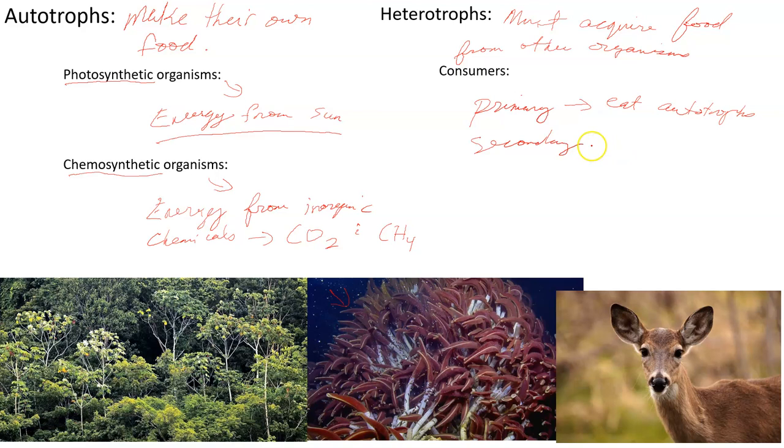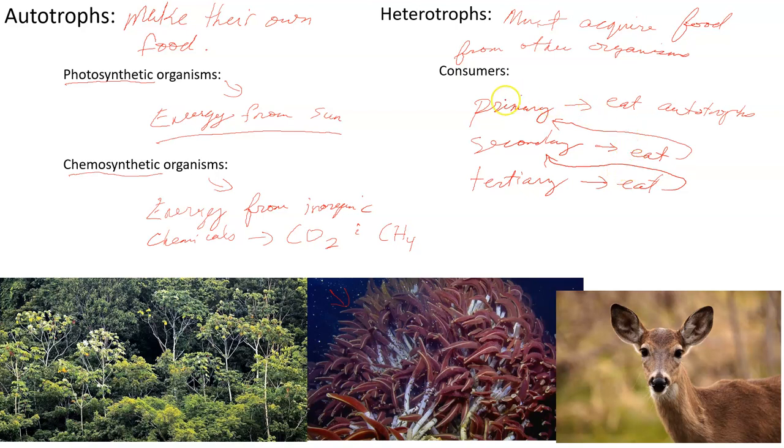Secondary consumers eat the primary consumers. And you have tertiaries, these eat secondaries, and so on and so forth, which we'll see in this food web. We'll look at it in the next slide here.